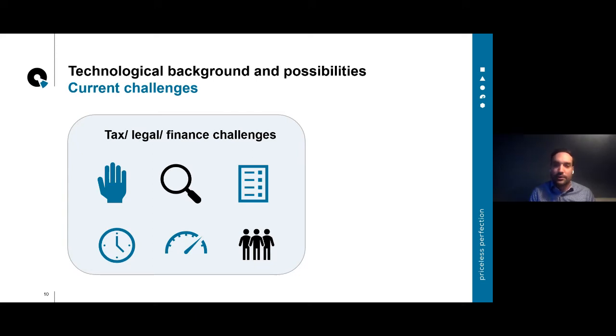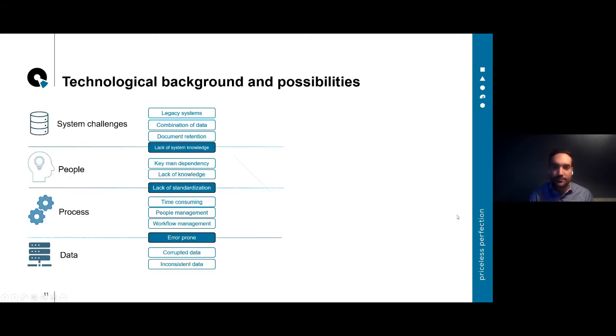So yeah, taking into account these challenges in a broader process, we can basically identify 4 process challenges, and they will be illustrated on the next sheet. So basically we can identify 4 challenges. The first one I want to talk about is the system challenges.